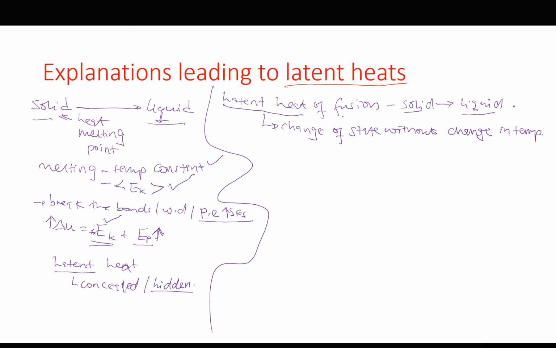That amount of heat required to change a solid into a liquid at constant temperature is what we are going to call the latent heat of fusion. So fusion relates to solid to liquid.